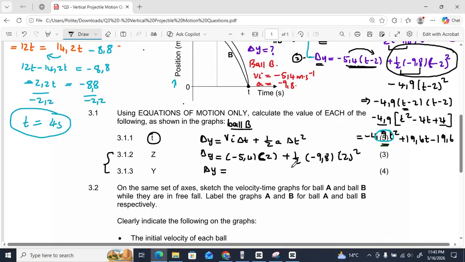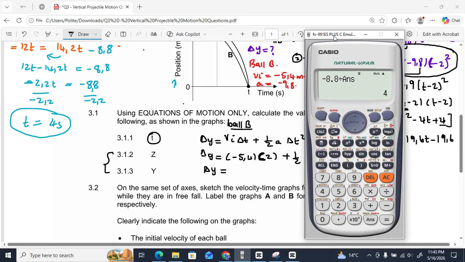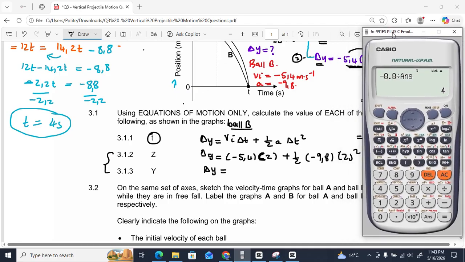Another thing to note is that ball A is traveling down, which means the displacement of ball A will be negative, as we set up as positive. Everything that goes down has a negative displacement. So when I punch this on the calculator, I expect to get a negative answer. If I don't, then somewhere my substitution is incorrect.